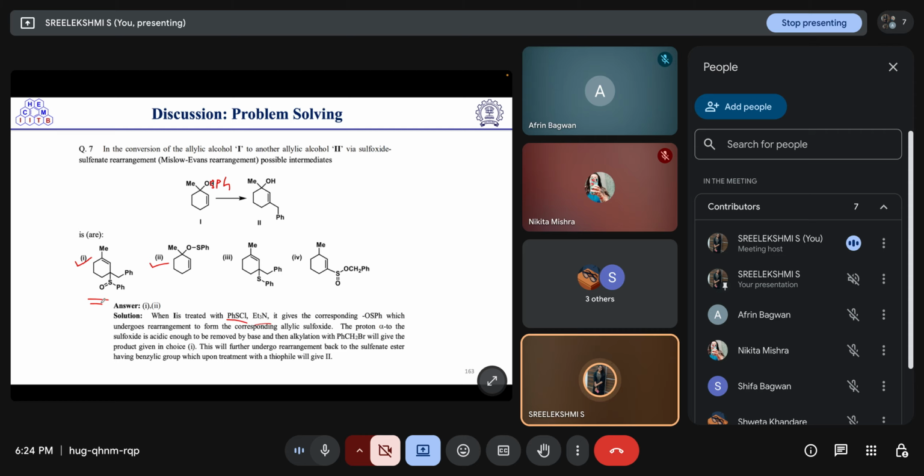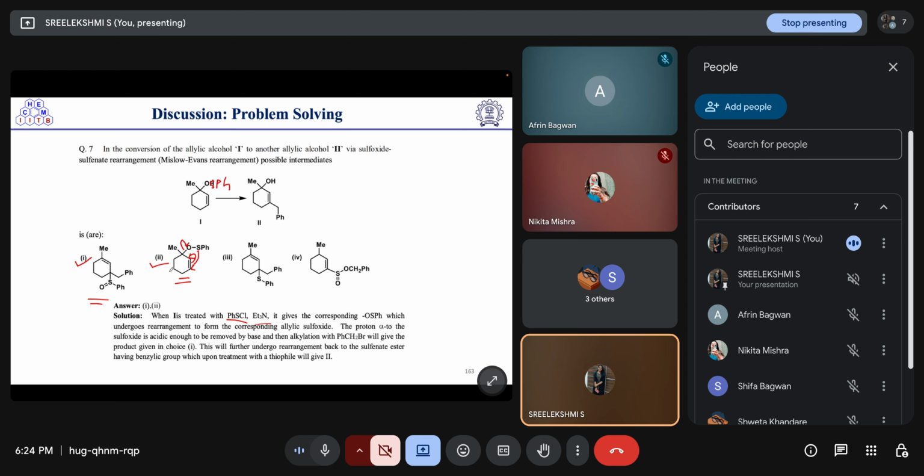So previously we have seen the opposite, sulfinate to sulfoxide. As I said, it is reversible and exists in equilibrium. Sulfinate can also be converted into the corresponding sulfoxide. So firstly this will be formed and then this will be formed. This will attack over this center, this will migrate over here, and this bond will break.